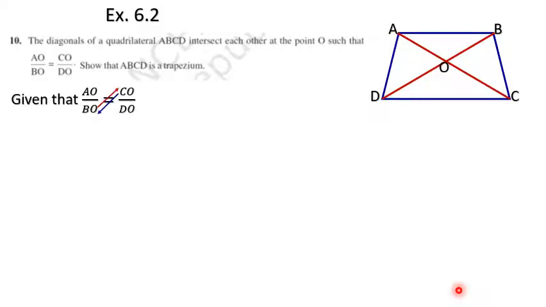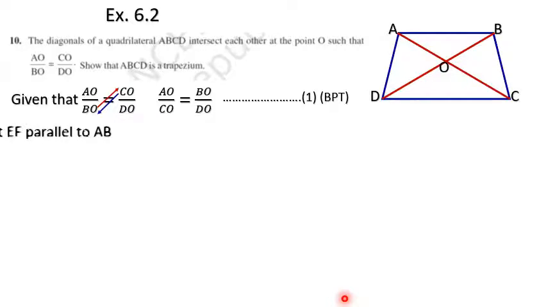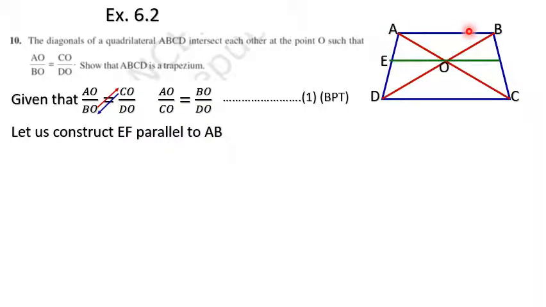So for that, here AO by BO equal to CO by DO. So what I am going to do is I am bringing the CO here and I am sending BO there. So I can write it as AO by CO is equal to BO by DO using the BPT. So it's equation 1. Now let us construct a line OE parallel to AB.